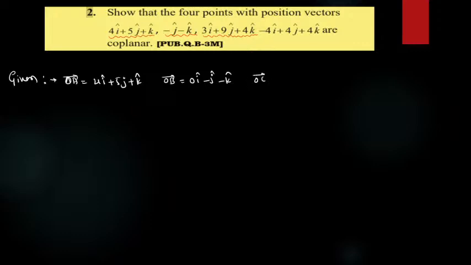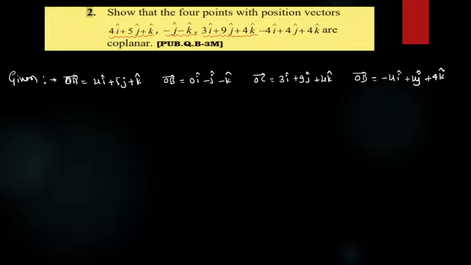Then you write the OB vector, where the i component is absent, so write 0 times i cap, then -j, and -k. Then OC is 3i cap + 9j cap + 4k cap. Next, the fourth point OD is -4i + 4j + 4k.